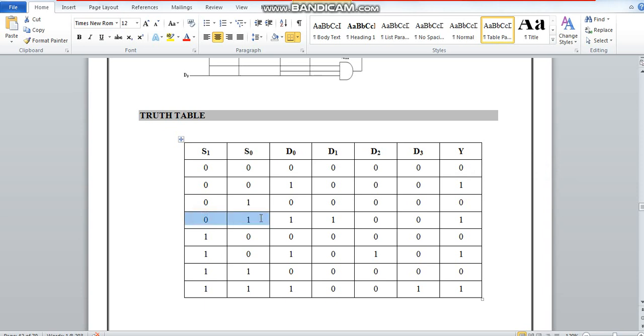When 0, 1 is present, the data in the second input pin is transferred to your output. When 1, 0 is present, the data in the third input pin is transferred. And when 1, 1 is present, the data in the fourth input pin is transferred to your output. This input may be 1 or 0, and accordingly your output will change.